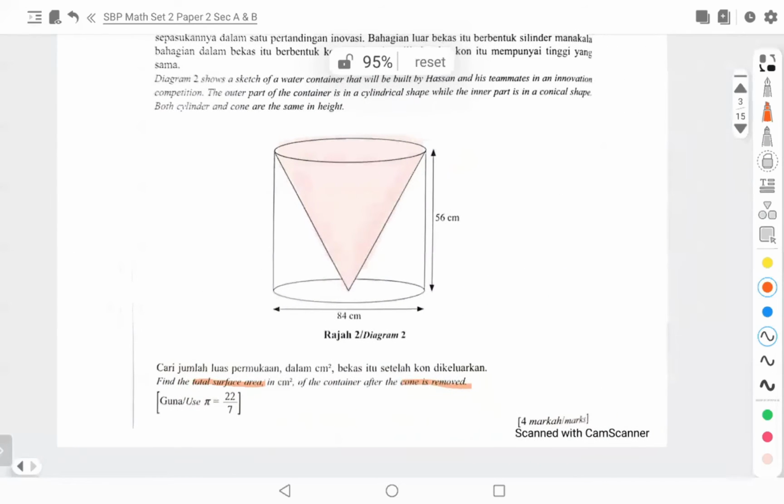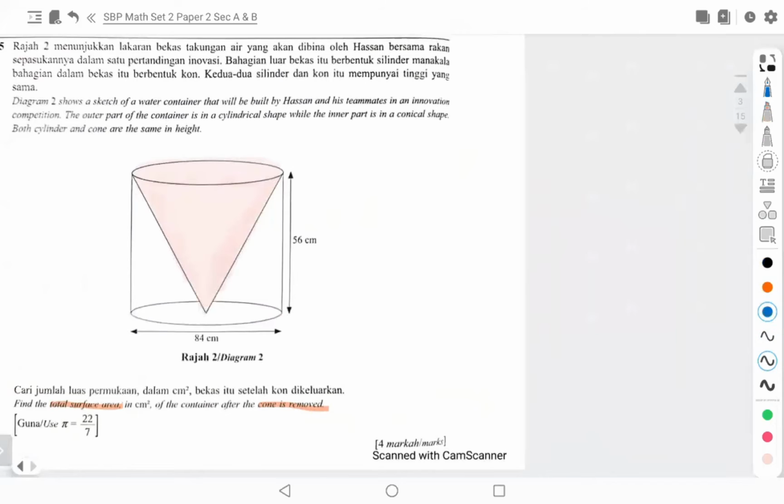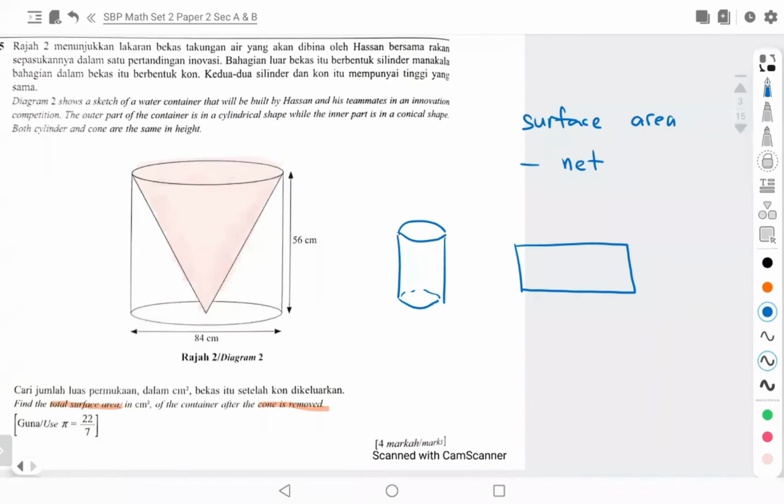So surface area, this is a quick one. Surface area refers to the net of the composite solid. Meaning you have buka baju, something like that. For the cylinder, if you open up, it becomes a rectangular shape with 2 circles up and down.